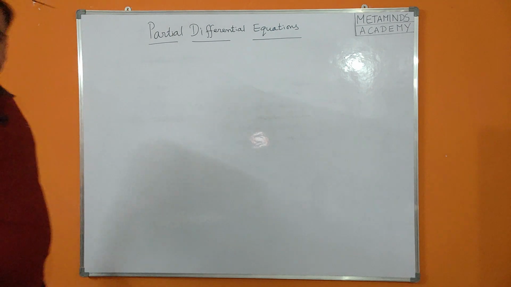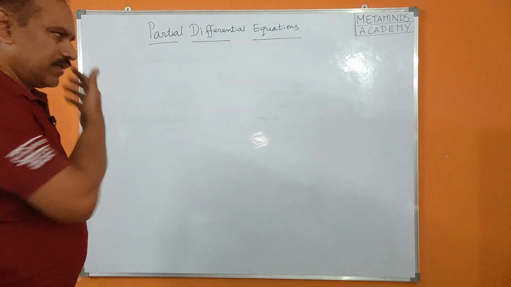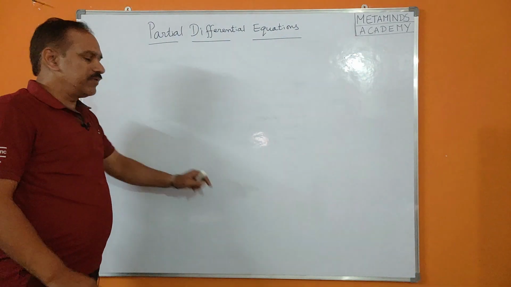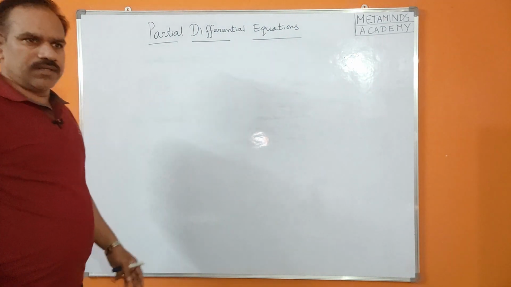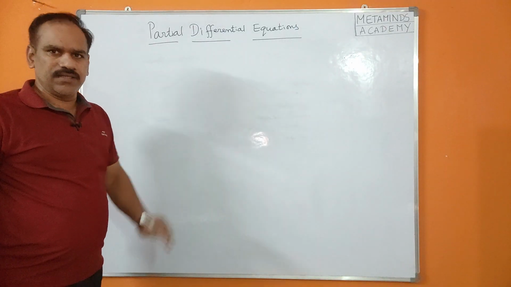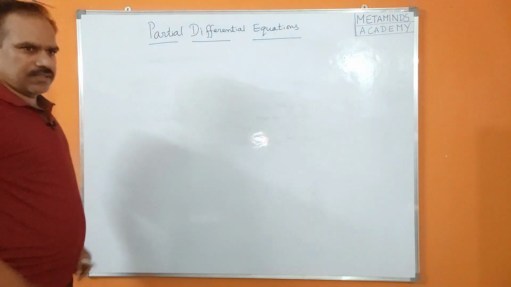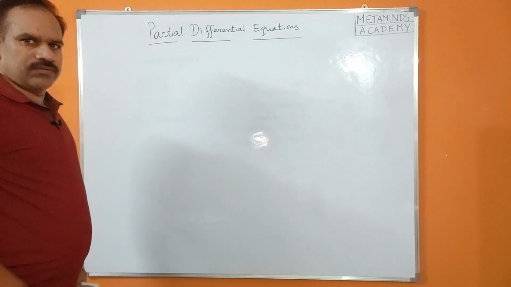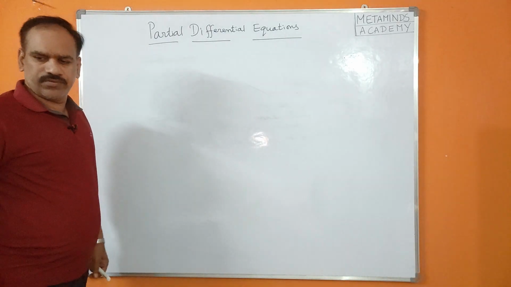In this series, I want to cover all the problems from the examination point of view only. This series is meant for the examination point of view, not deep into the subject. Of course, I cover the subject to whatever extent is necessary, but the main motto is to cover the topics from an examination point of view.